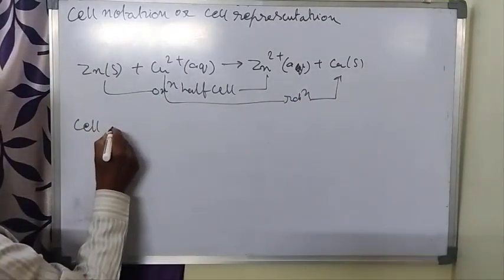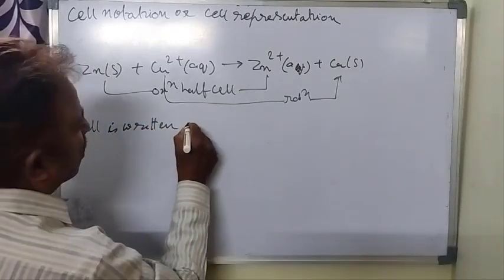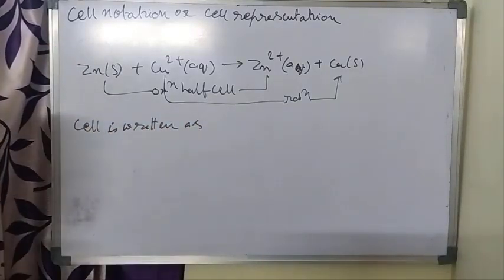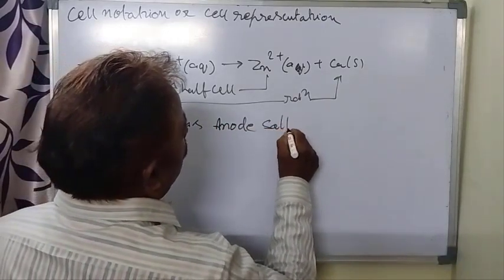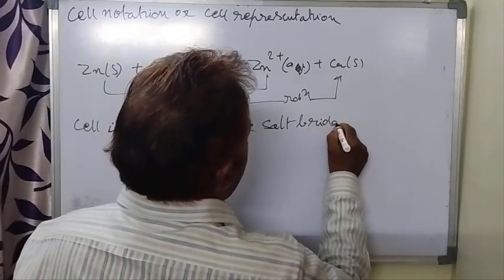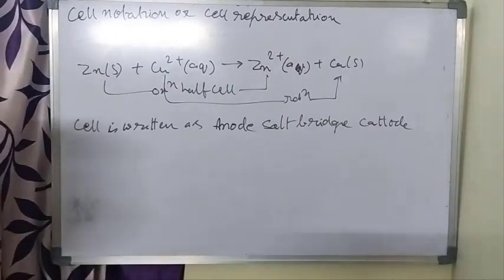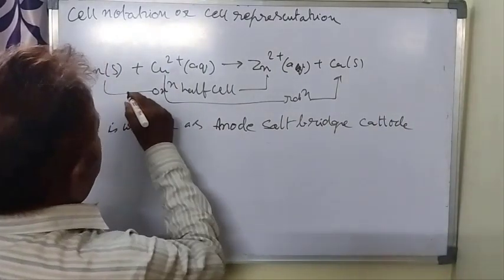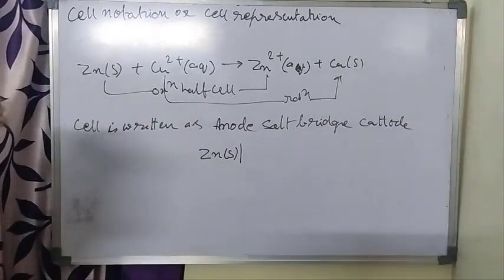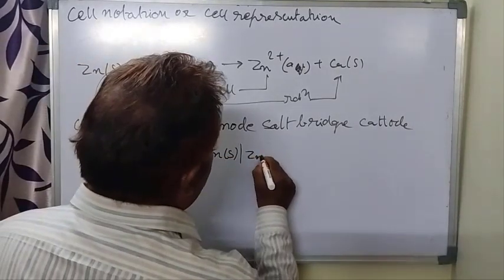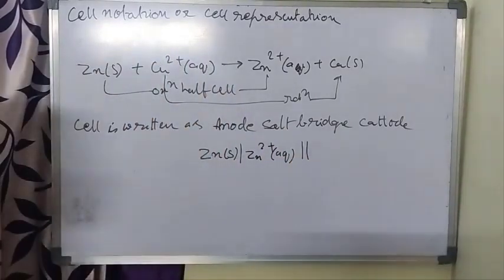Now the cell is written with the anode on the left side, then the salt bridge, then the cathode. How do we write the anode? Anode is Zn solid, a single vertical line, Zn2+ aqueous. The salt bridge is represented by 2 vertical lines.